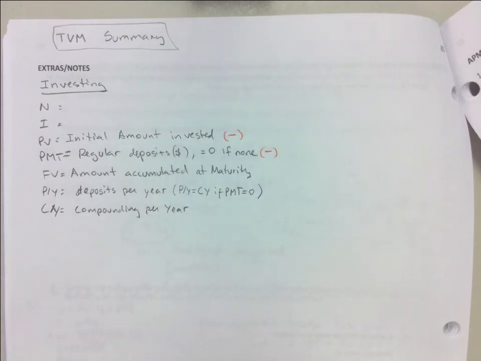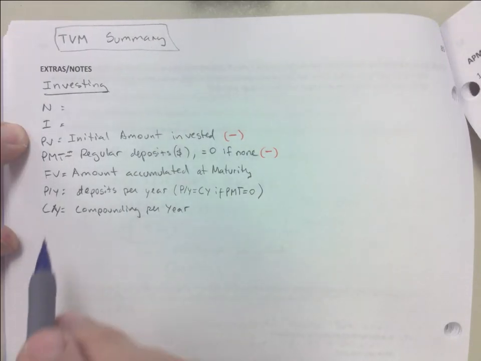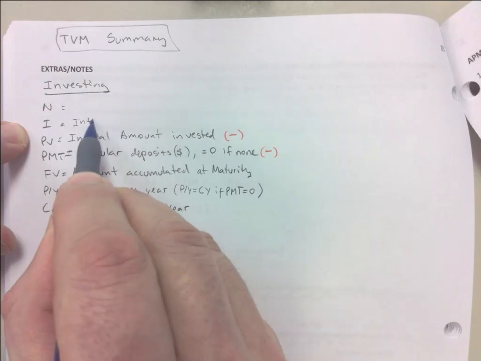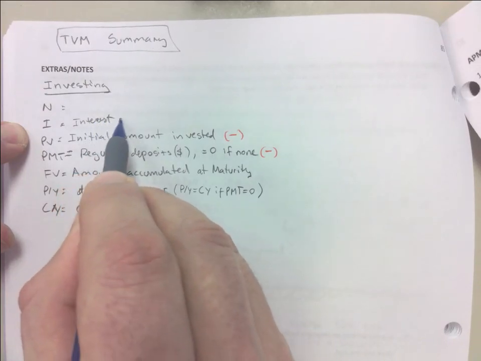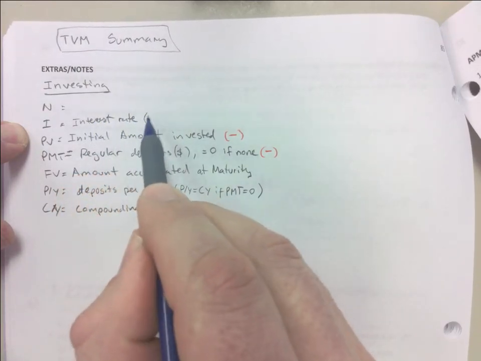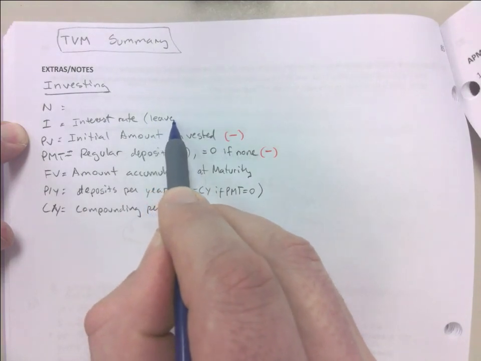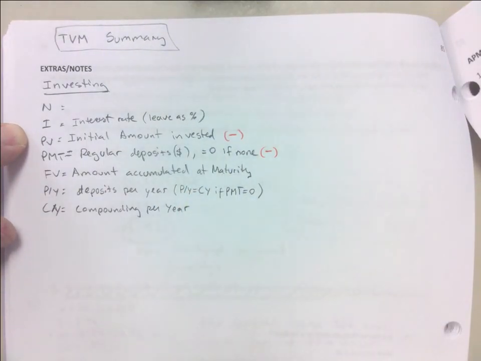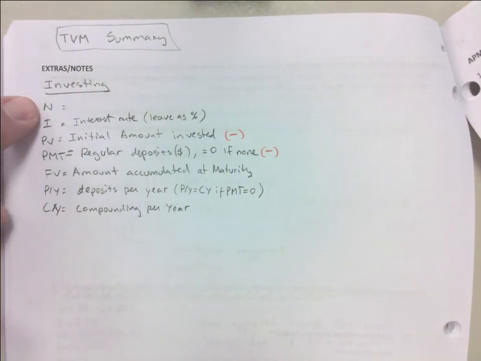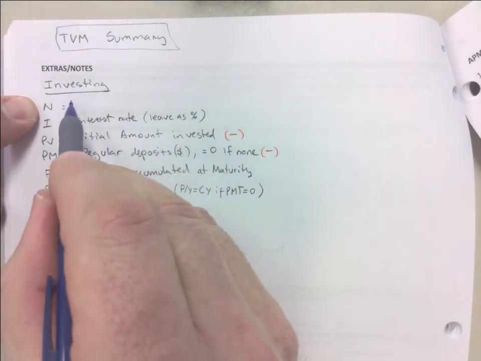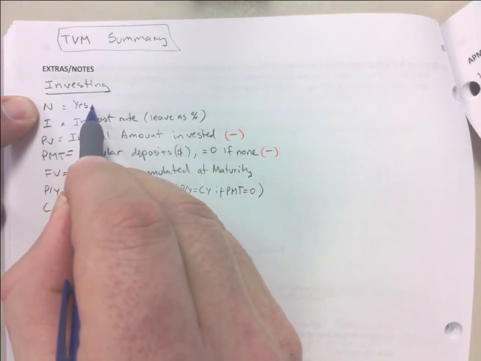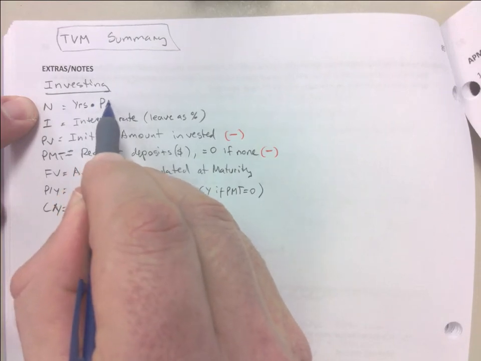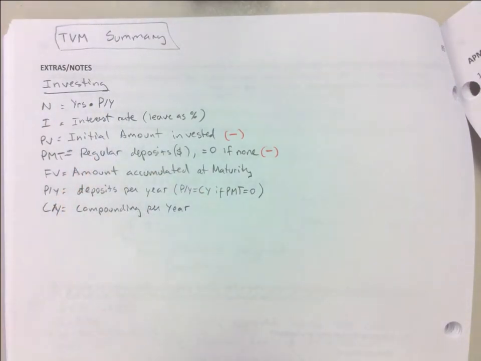Okay, they're leaving you interest rate, leave as percentage. Okay, do not turn that into a decimal. N is always years times whatever PY is for you.